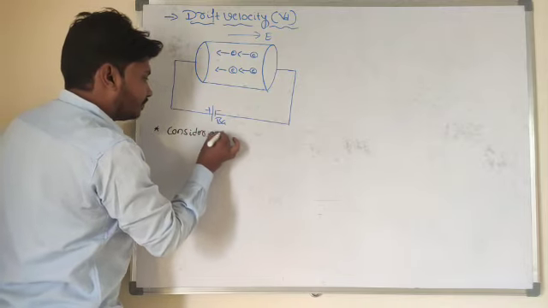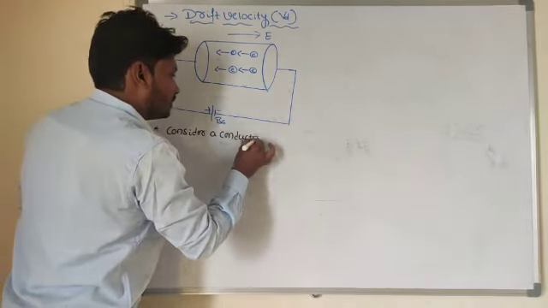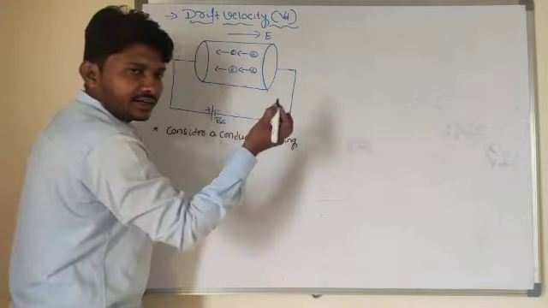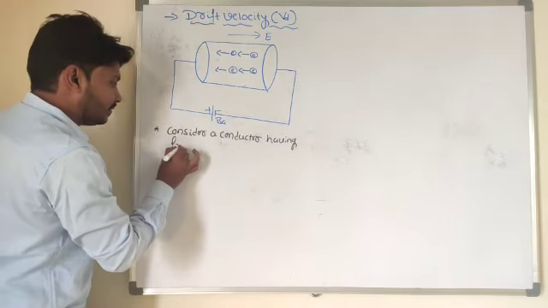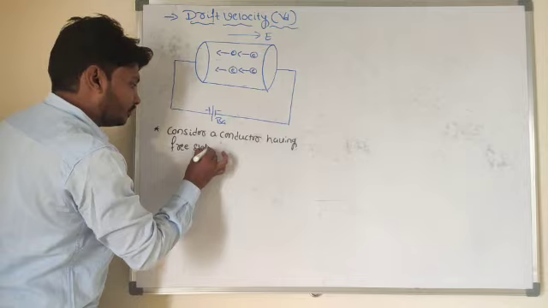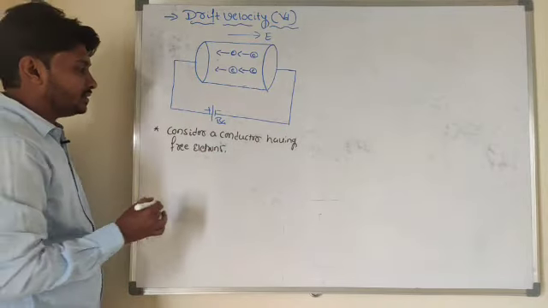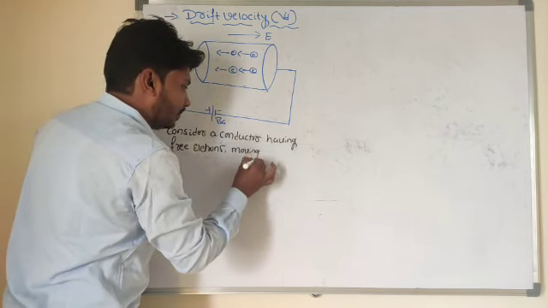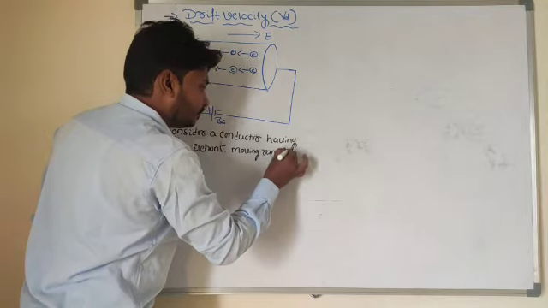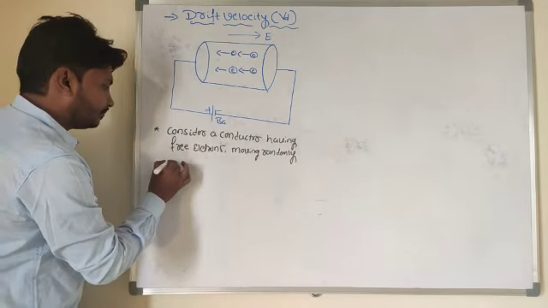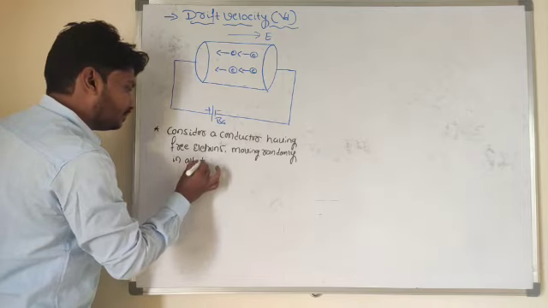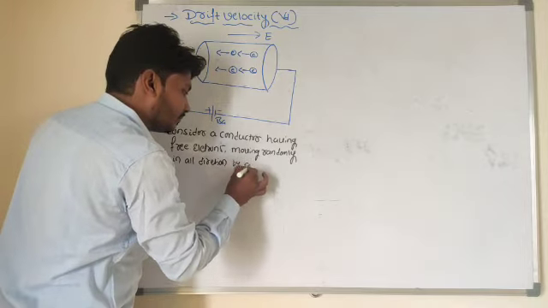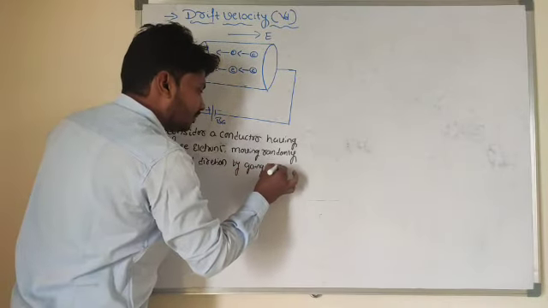Consider a conductor having free electrons moving randomly in all directions by gaining some thermal energy.